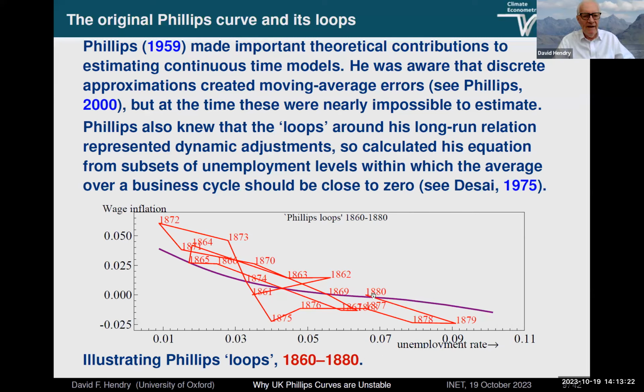But if you start in 1880, you can see it goes down to 1879, 1878, 1877, 1876, 1875, 1874, 1872, 1, and then comes down into the 60s, drops down to 1869, and then back up. So you can see there are loops around it, which are the dynamic adjustments of which Phillips was aware.